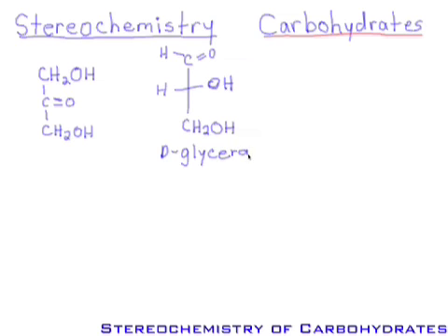So, let's say I have a glucose molecule. Let's draw below this the glucose molecule. The glucose molecule has 4 chiral centers.